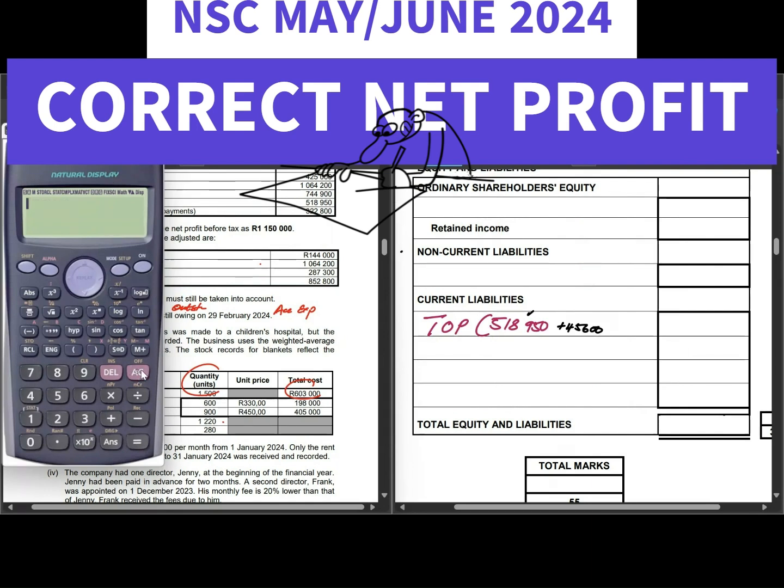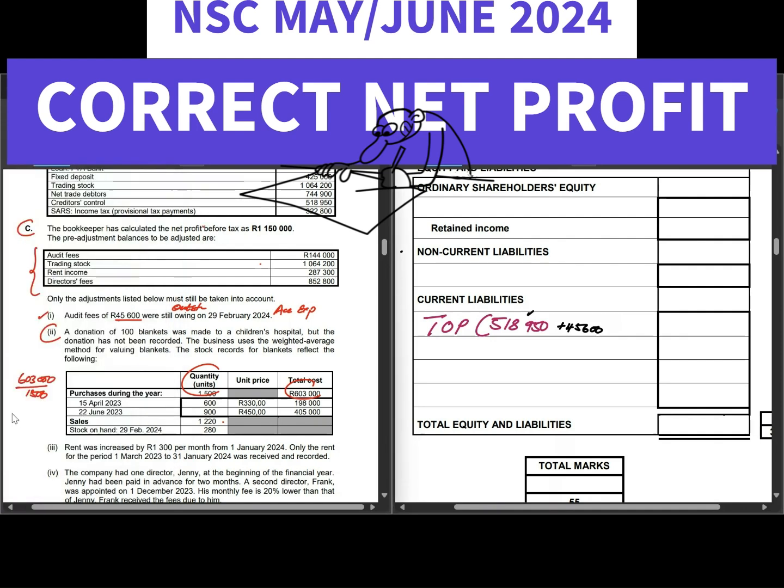So we're dividing the 603,000 by the 1.5, and then that will give you 402. So the weighted average per blanket is 402, and we know that it's 100 blankets that were donated.